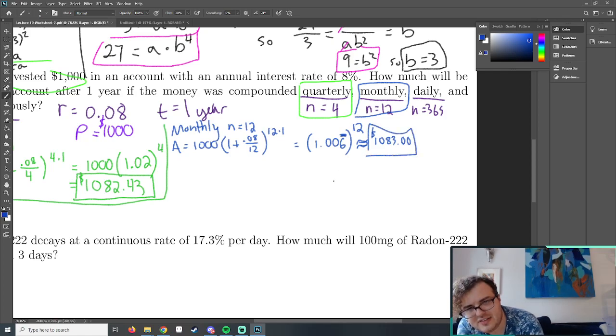So again, notice that it's only about 57 cents more than if we compounded quarterly, but it is a little bit more. Daily, we can do the same trick. We'll do orange for daily.